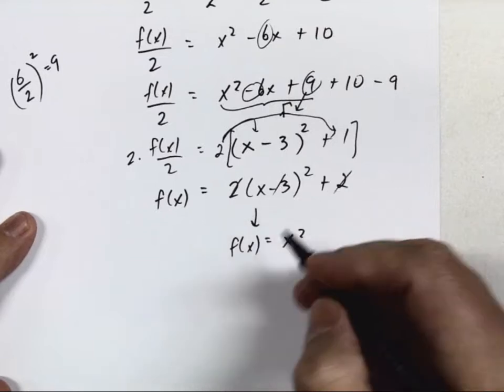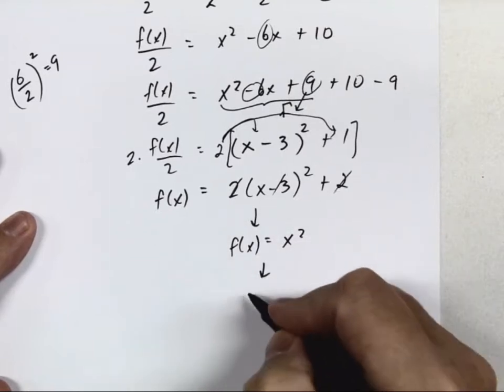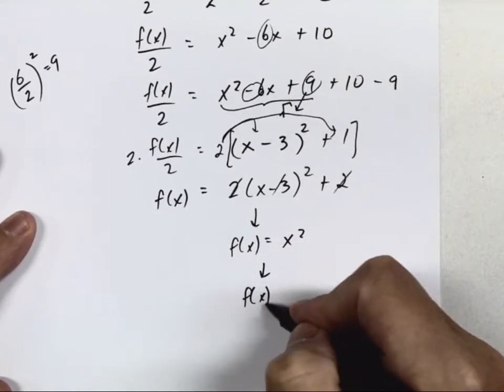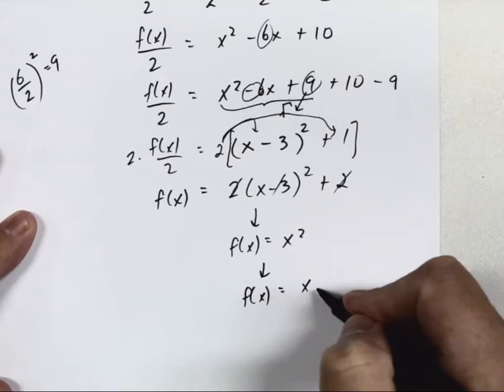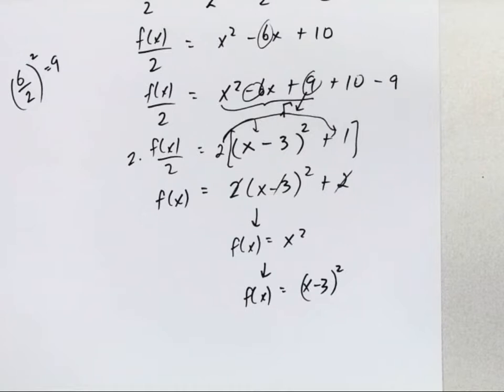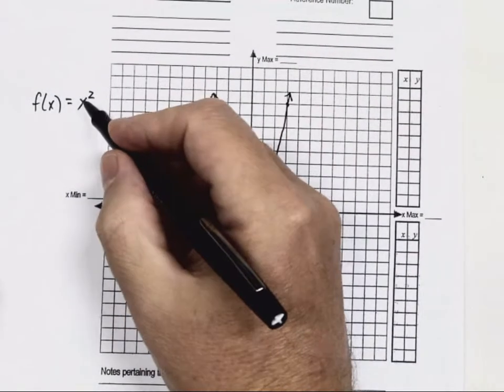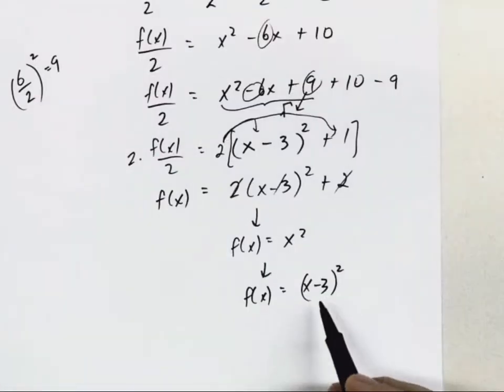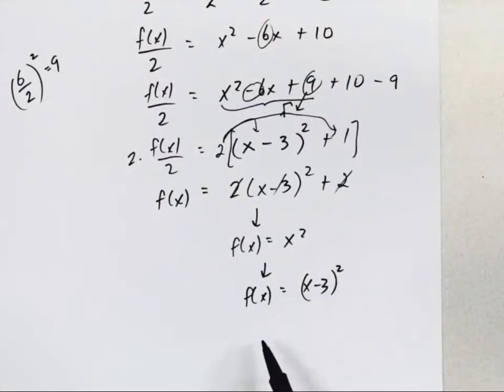If I build it from the inside out, first thing I'm going to do is subtract 3 inside the function. So I happen to have another starting graph of x squared. If I subtract 3 inside the function, if I look at my cheat sheet, that means I'm going to move 3 to the right.